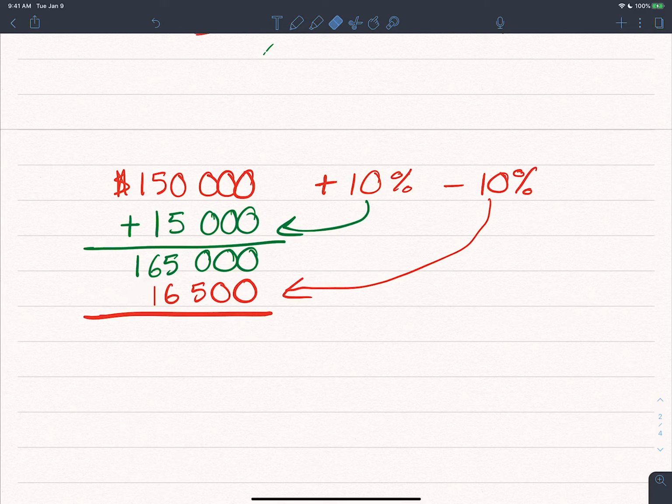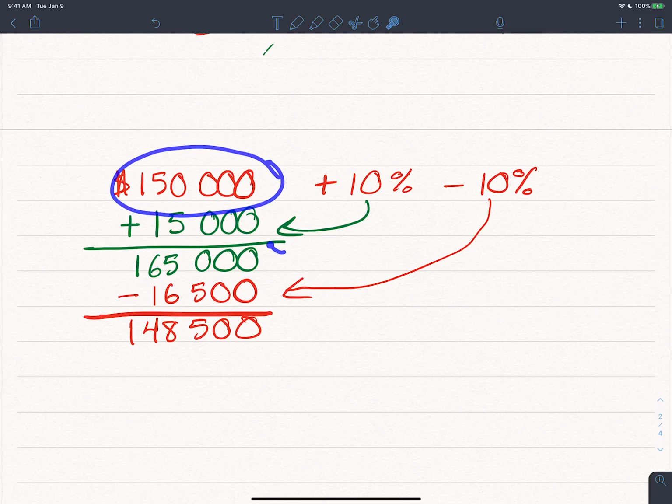Yeah, I did plus. I was supposed to put minus, and you get 148,500. You just lost some money because the reference value changed, right? Again, we did 10% of this the first time, but to take it away, we did 10% of that the second time, right? And that was the problem. That's our shifting reference value.